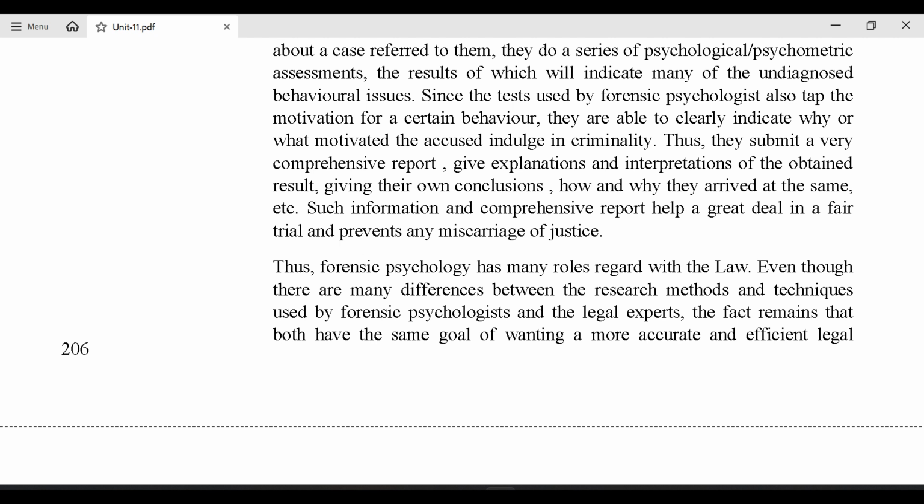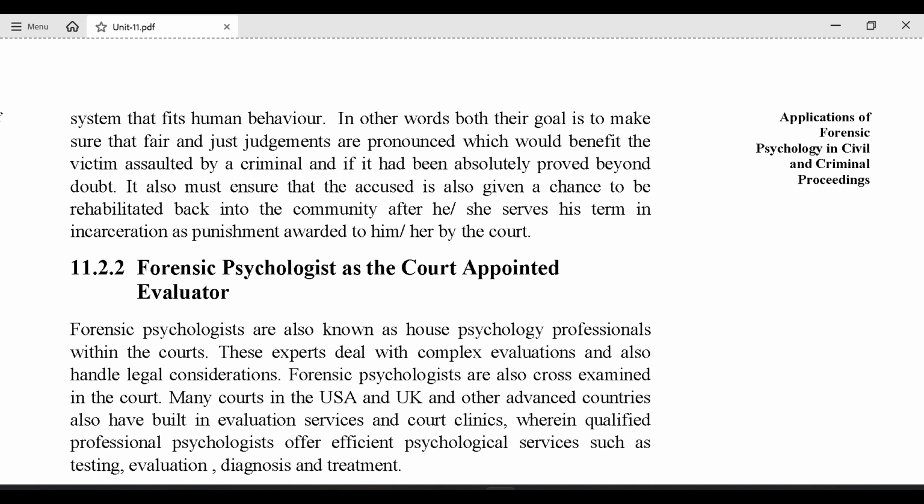Thus, forensic psychology has many roles with regard to the law. Even though there are many differences between the research methods and techniques used by forensic psychologists and the legal experts, the fact remains that both have the same goal of wanting a more accurate and efficient legal system that fits human behavior.